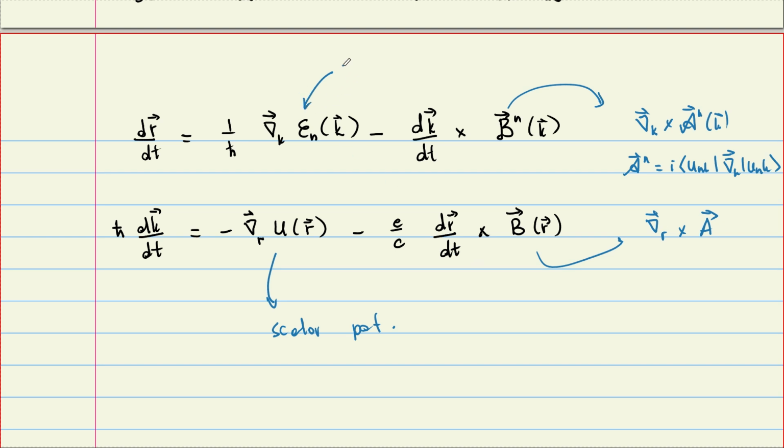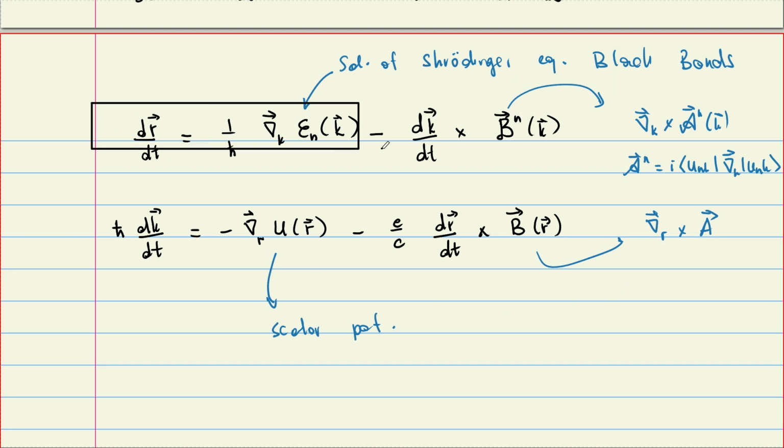This is coming from solution of Schrödinger equation, and these are the Bloch bands. That's why it's called semi-classical, right? It has both quantum content and classical content. Any questions?